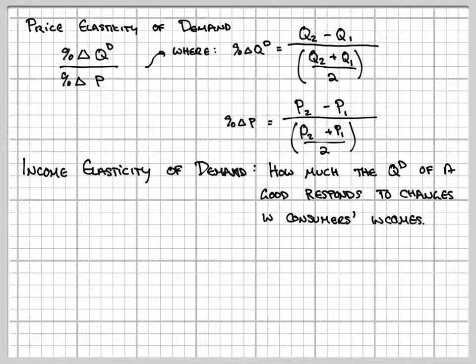And it's going to be, just like the price elasticity of demand was the percentage change in quantity demanded divided by the percentage change in price, we're going to let I denote consumer income.